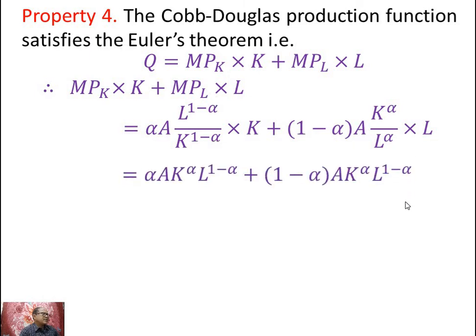So, after multiplying, we get α A K^α L^(1−α) plus (1−α) A K^α L^(1−α).